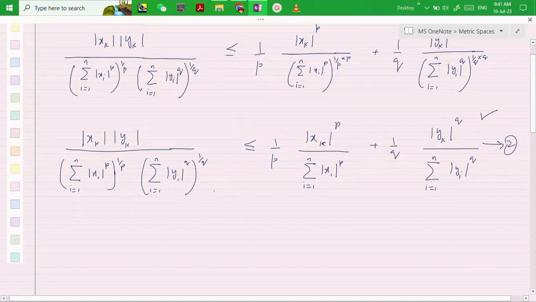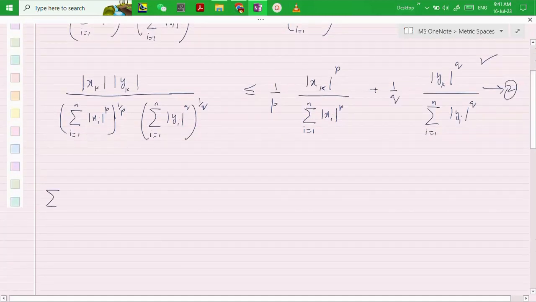When we sum all these n inequalities, how can we sum? We sum by adding the left hand sides and right hand sides of these n inequalities. So what do we get?